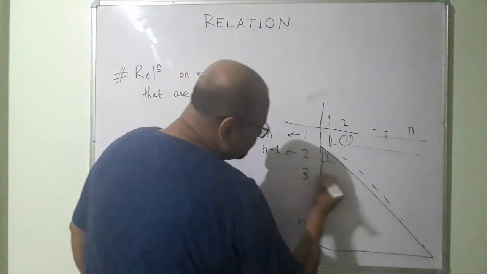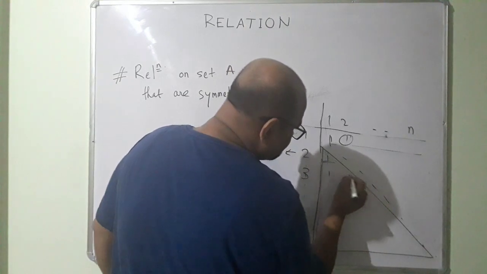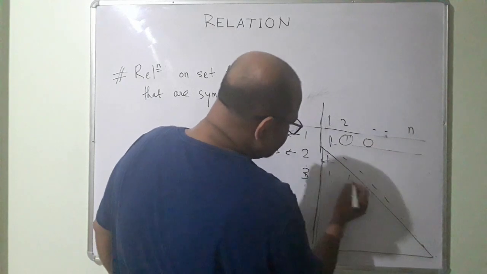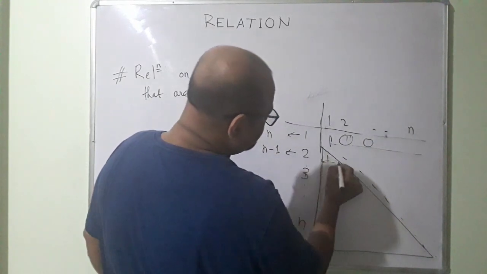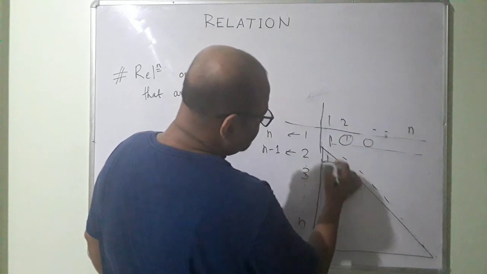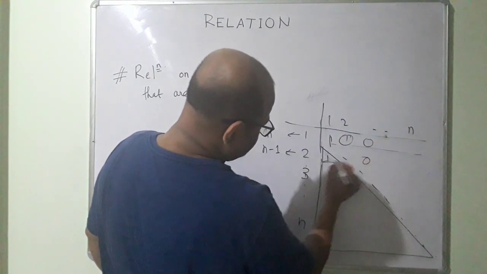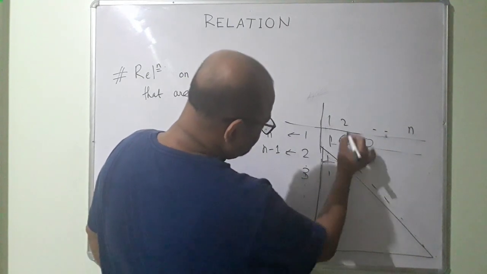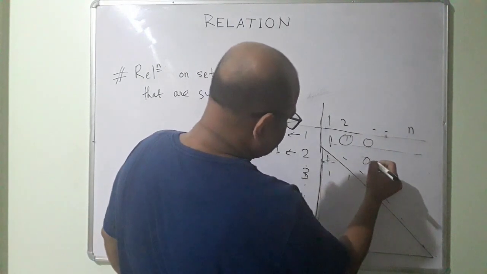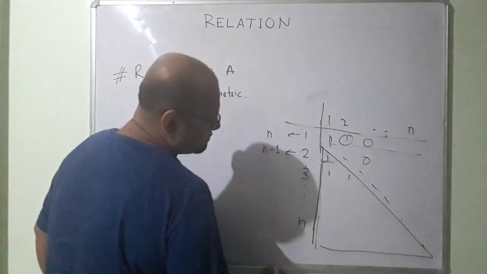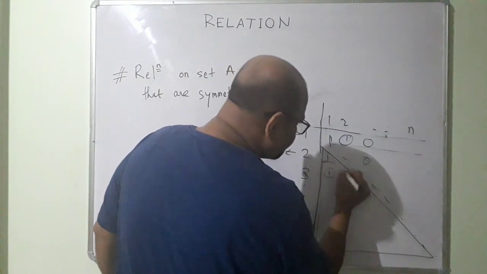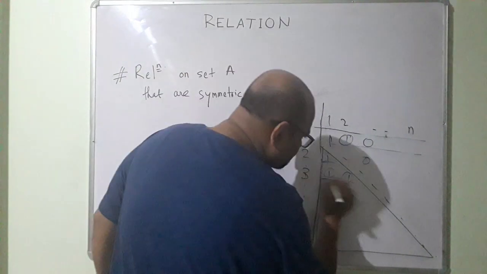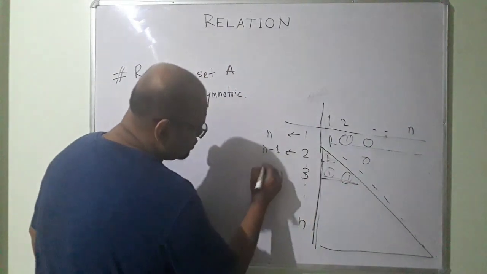In the third row, these two are gone: (3,1) depends on (1,3), and (3,2) depends on (2,3).